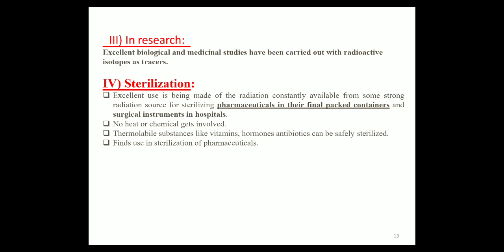Thermolabile substances like vitamins, hormones, antibiotics can be safely sterilized, and it finds use in sterilization of various pharmaceutical materials. According to the NRC, some of the most commonly used tracers include antimony-124, bromine-82, iodine-125, iodine-131, iridium-192, and scandium-46.